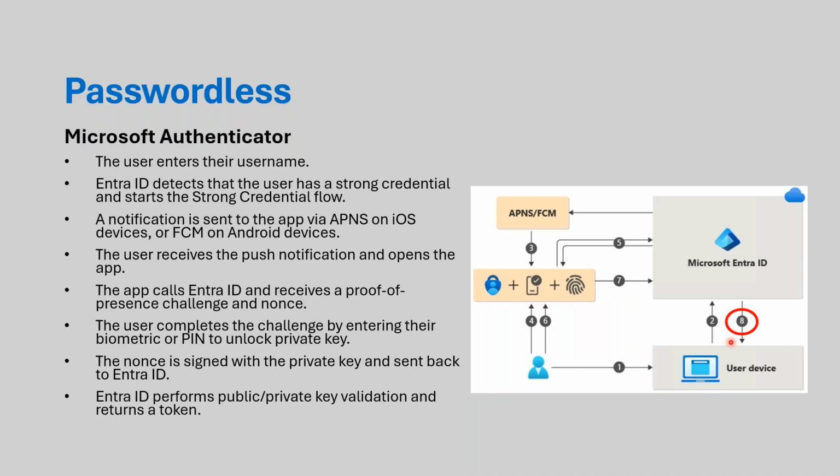So I entered my username and I answered a challenge on my device by opening an app and answering the proof of presence nonce challenge. And now I'm in, and it knows me because it's using my private public key that are only registered to me to do that. So now I'm in passwordlessly.